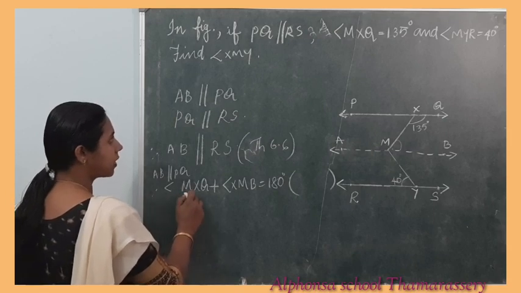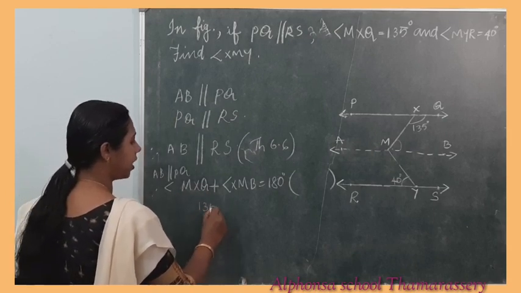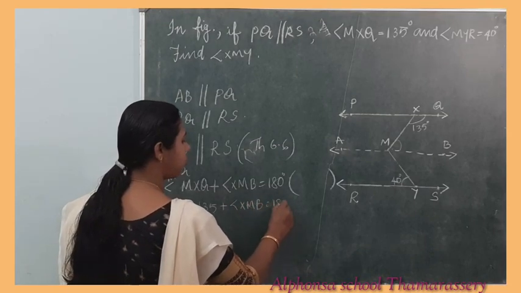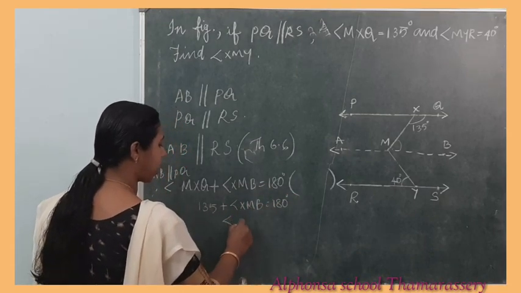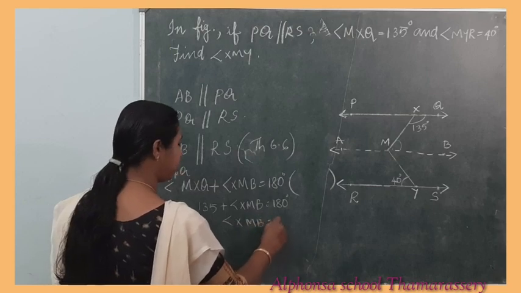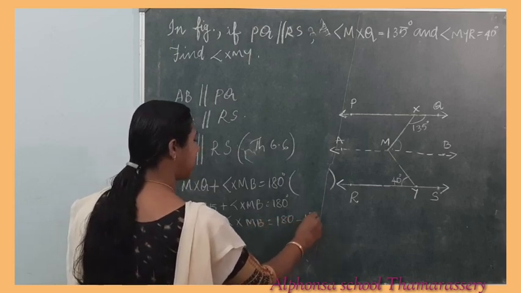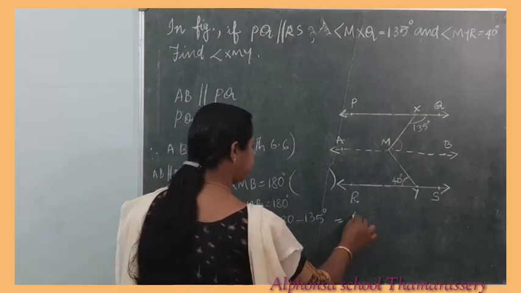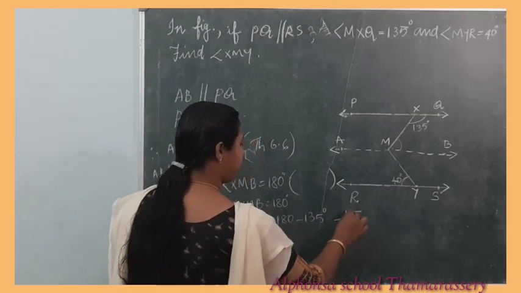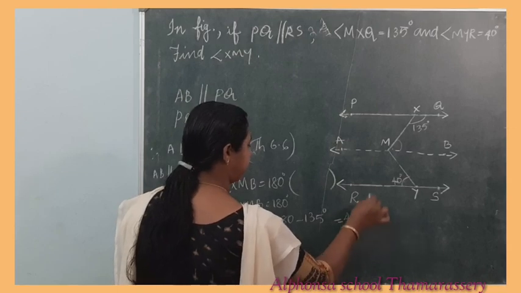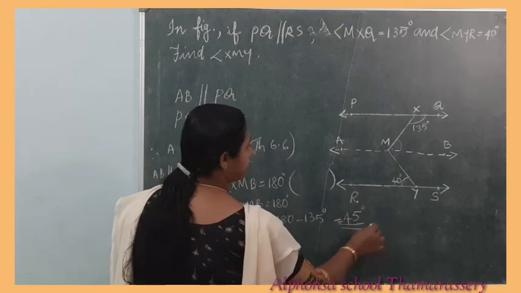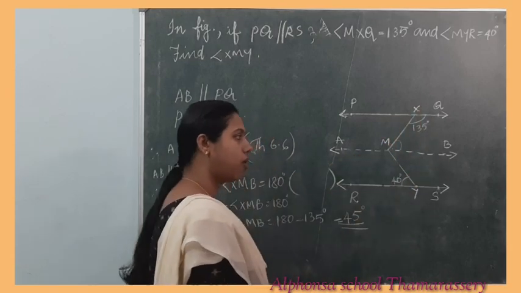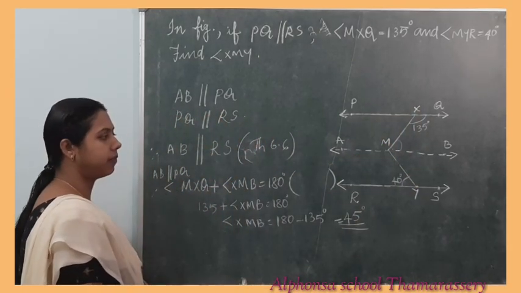Angle MXQ is given, that is 135. 135 plus angle XMP is equal to 180 degrees. Therefore, angle XMP is equal to 180 minus 135, which is equal to 45 degrees.